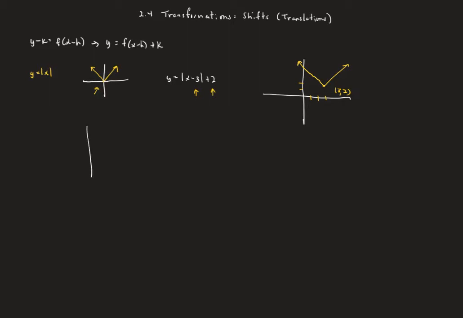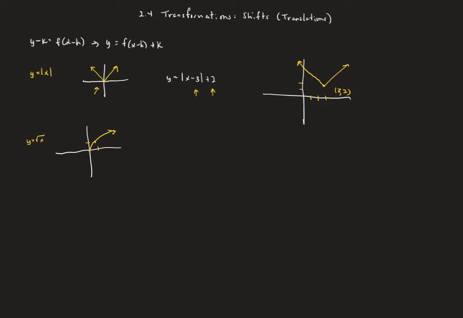If we have something like the square root, we know y equals square root of x, the parent function, is going to contain the point 0, 0, and also the point 1, 1. So did the absolute value of x.